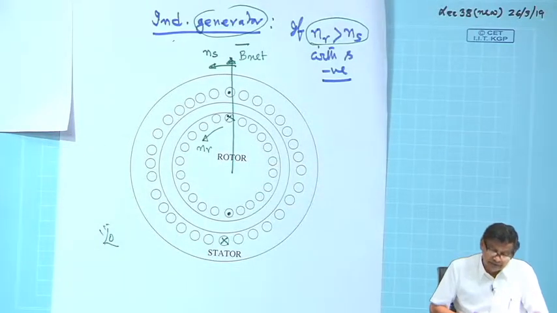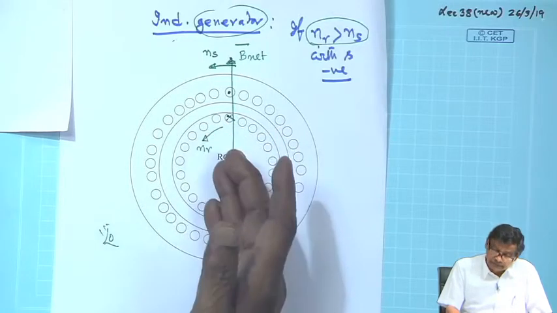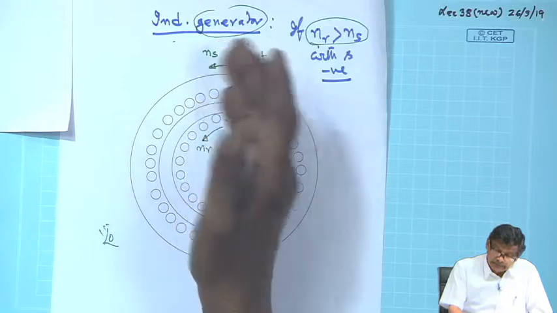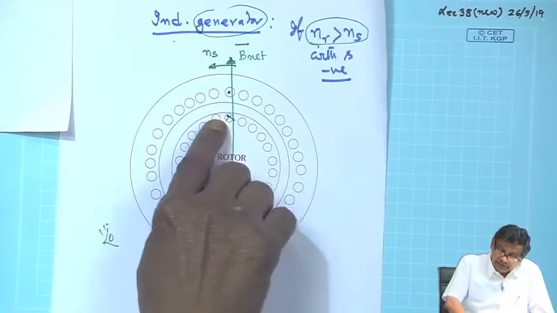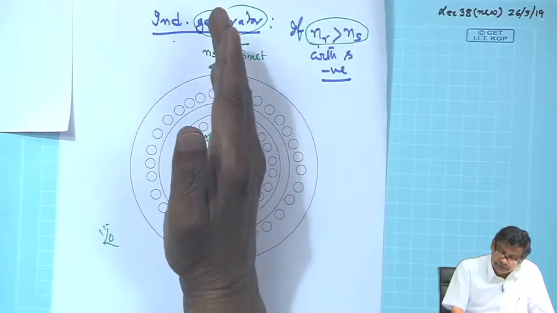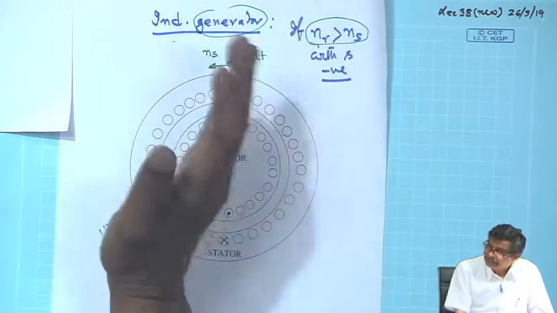Now, the question is, which conductor will carry current? Now, this n r is greater than n s, and if you are sitting on the rotor, this field will appear to move in the opposite direction.